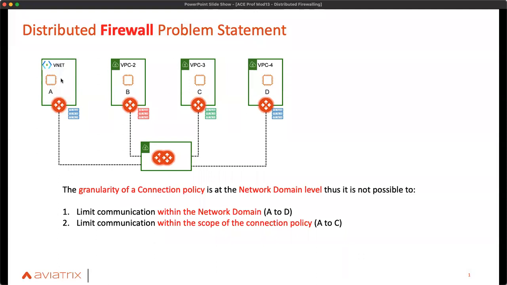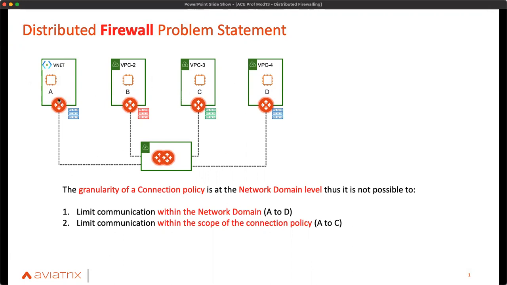I am not able via network segmentation to say A is not allowed to communicate with D, because network segmentation is a VRF and a routing play. So if I have 50 instances here and another 50 instances in VPC4, with network domains I am not able to be more granular and decide which workloads in the VNet that has A can talk to which workloads in VPC4.